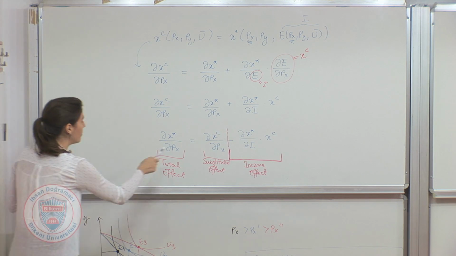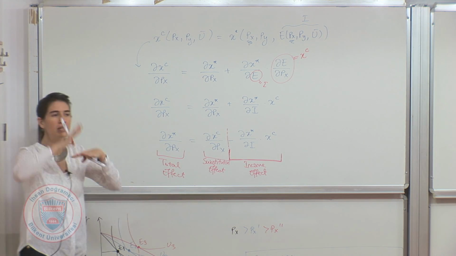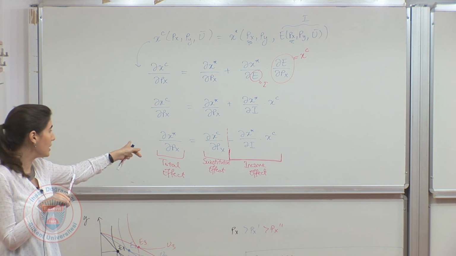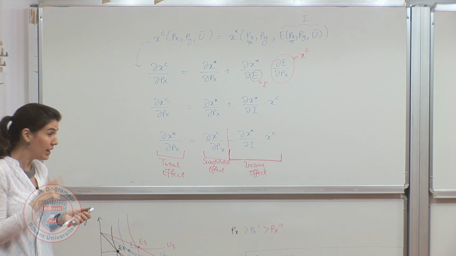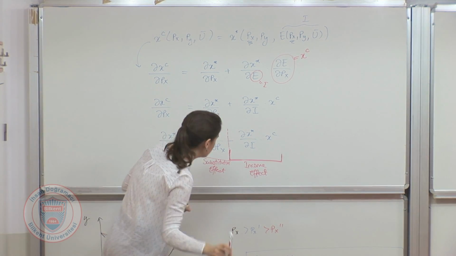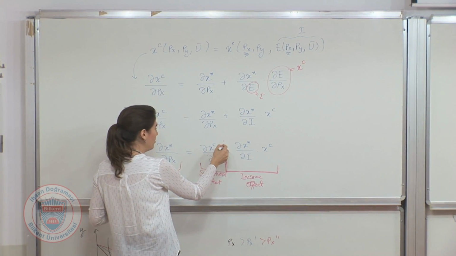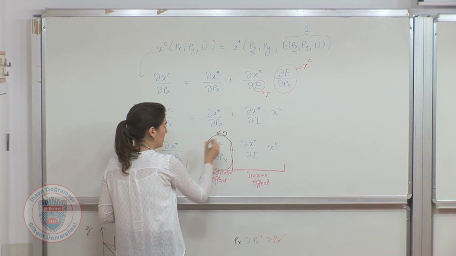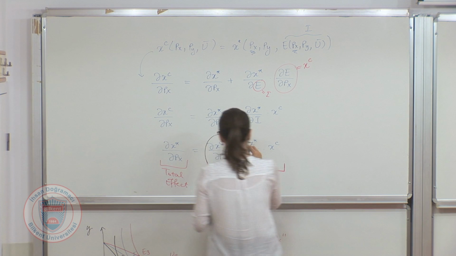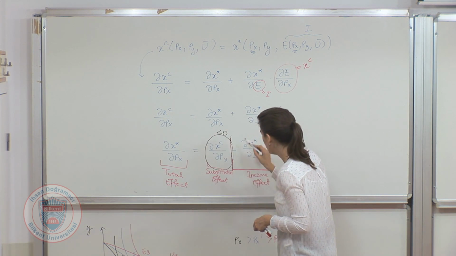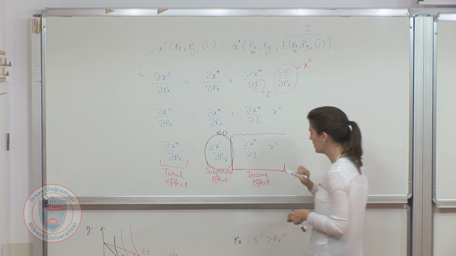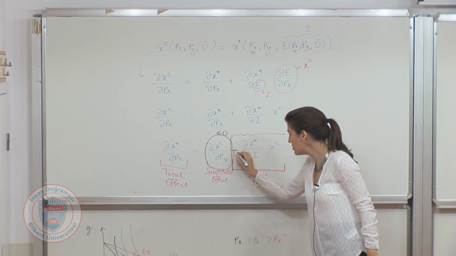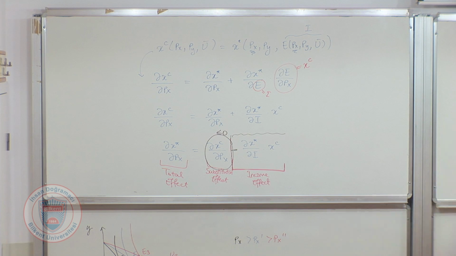And what do we know about this derivative? You see now, whatever we have learned, they're now all going to make some sense. We said that this derivative is always negative, right? So you see that substitution effect, this guy here, is always negative, okay? What about this guy? Remember that it has a negative in front. So altogether it's the income effect.